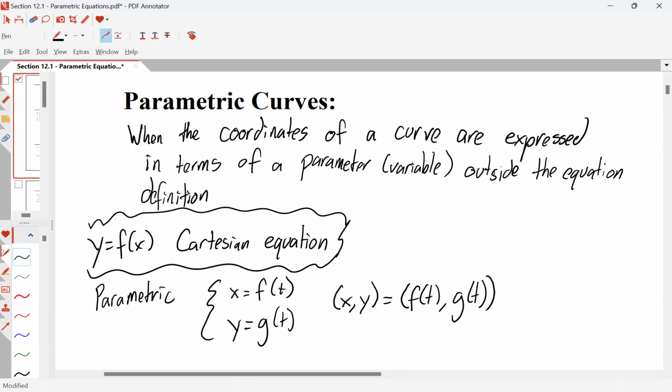So t is not an axis on the graph, but it is this increasing number that defines x and y. And then we often will also put limits on t and say t is going to be only between these two numbers. It could be from negative infinity to infinity, but sometimes it will be like from 5 to 7.